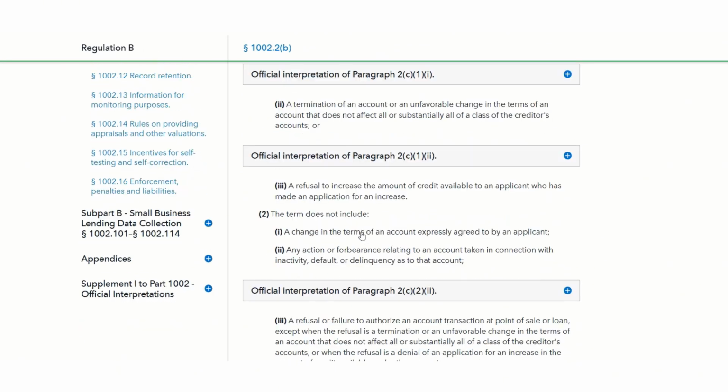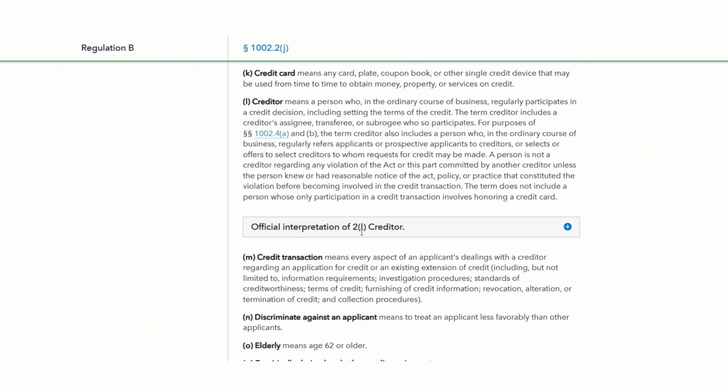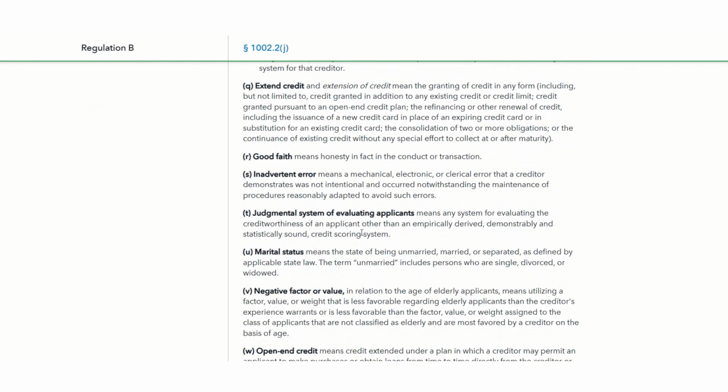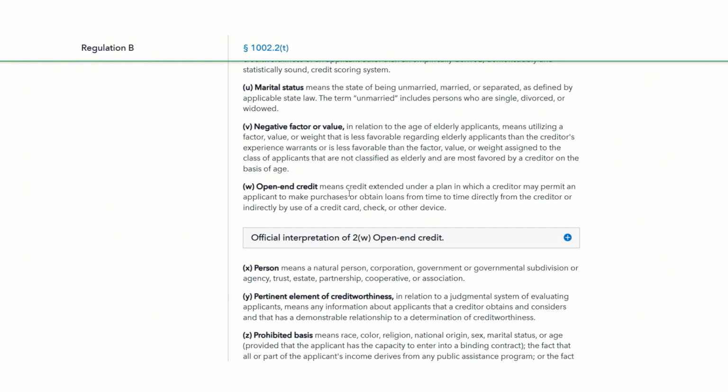Open-end credit. What does that mean? It means credit extended under a plan in which a creditor may permit an applicant to make purchases or obtain loans from time to time directly from the creditor or indirectly by use of a credit card, check, or other device.